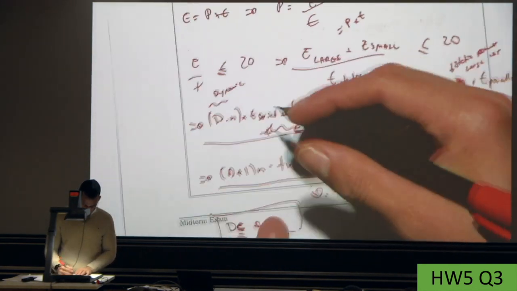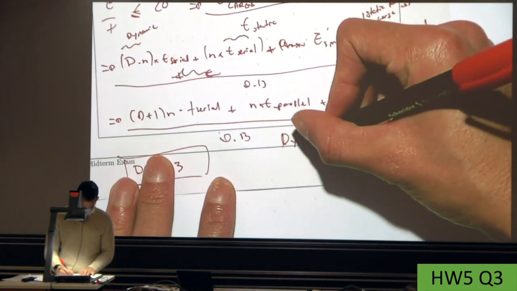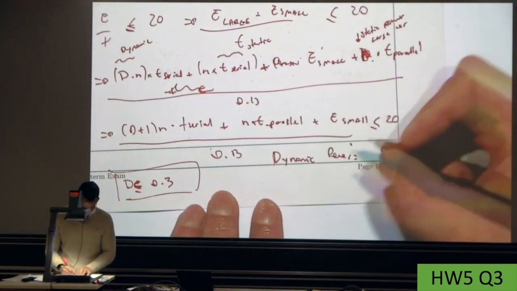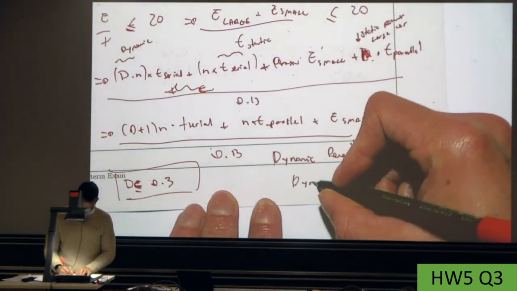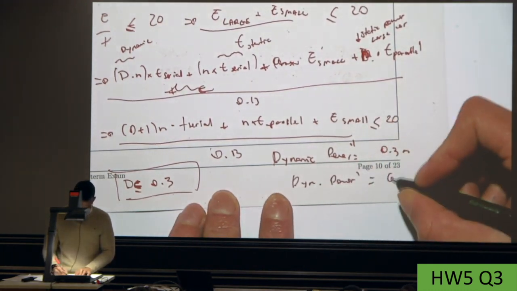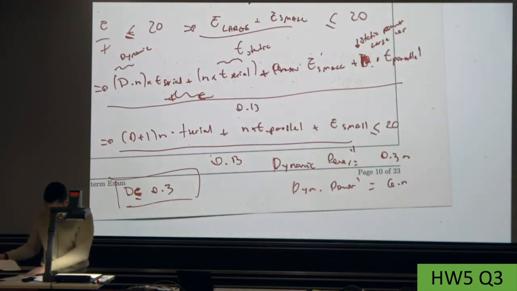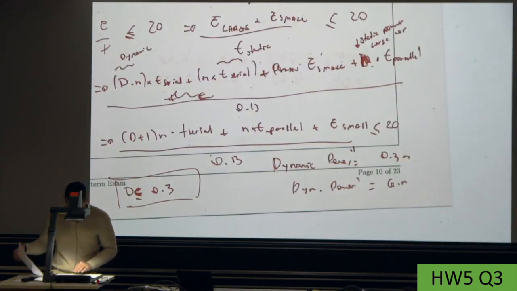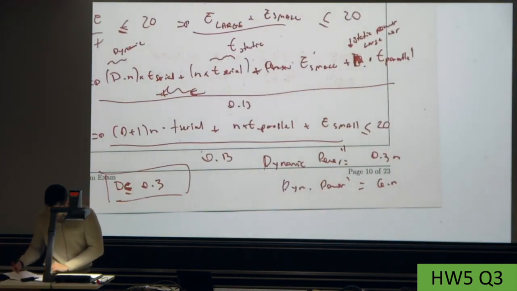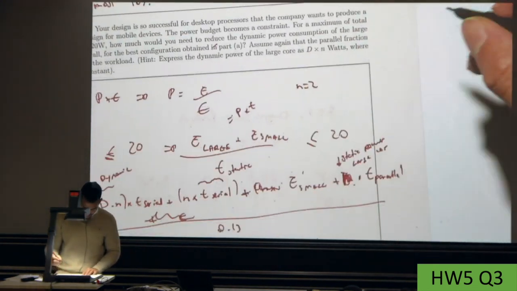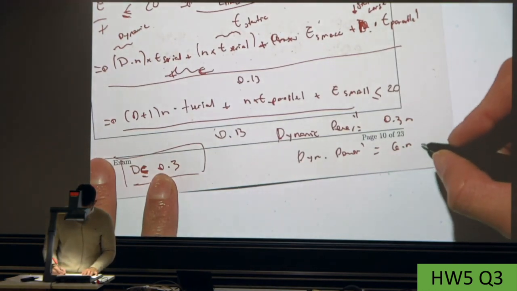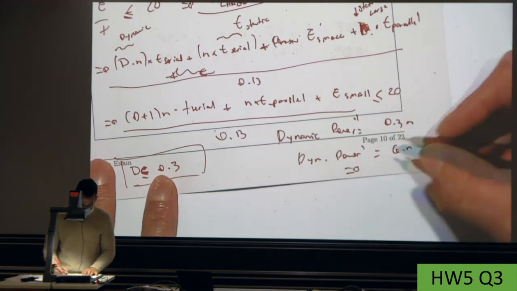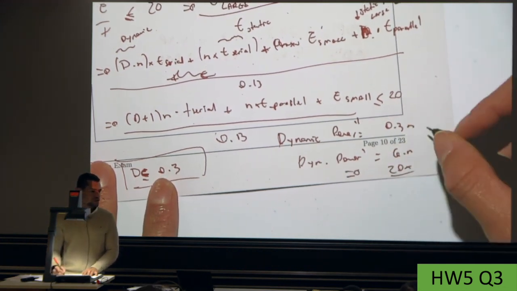So we know that now the dynamic power is 0.3n, and before the dynamic power was 6n, right? So you have to reduce the dynamic power, if you divide one by the other, by 20 times if you want to maintain the same performance as before.